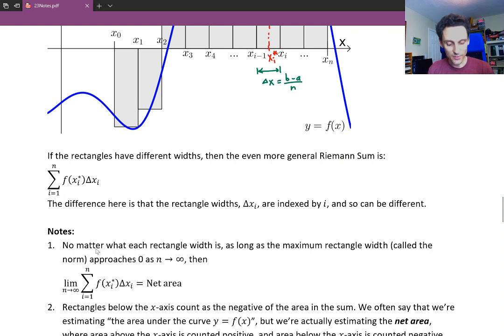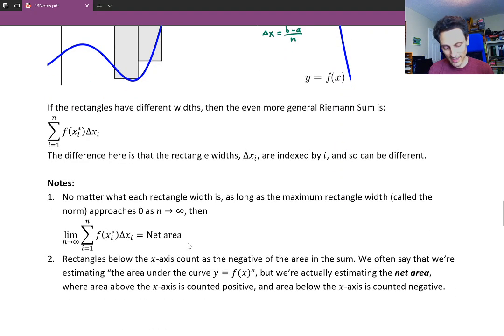And I also want to mention for interest that no matter what each rectangle width is, so no matter what the delta x sub i's are, as long as the maximum rectangle width, which is called the norm of all the delta x sub i's, approaches 0 as n approaches infinity, as you use more and more of those rectangles, as long as the biggest rectangle width is shrinking down to 0, then all the rest of the rectangle widths will shrink down to 0, and the limit of those sums of the areas of the rectangles is still going to equal the area under the curve.